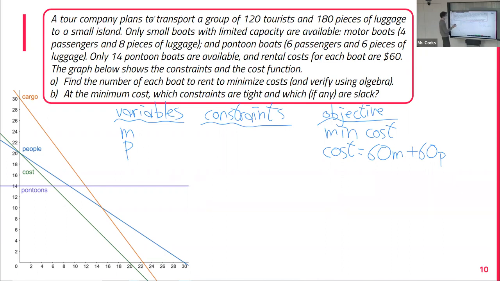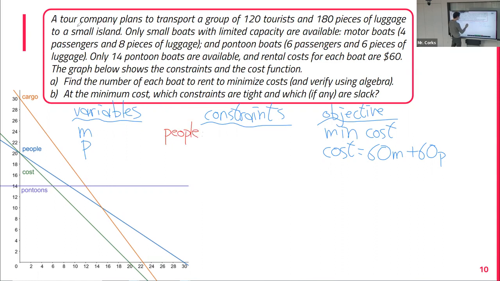What constraints do we have? That's a way of categorizing them, but what are the actual things? Okay, tell me the things that are constraints, and then we'll make the inequalities after. Okay, so number of people.